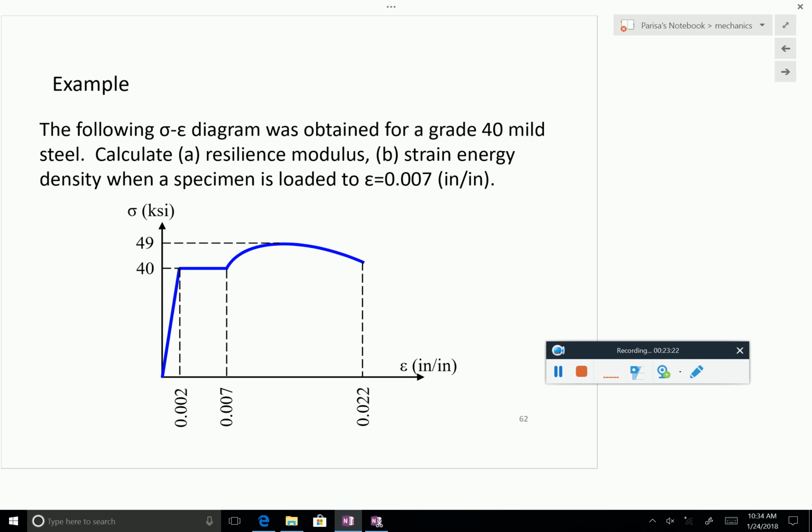So, resilient modulus is the area under the stress-strain curve up to the point when the material is linear elastic. This.